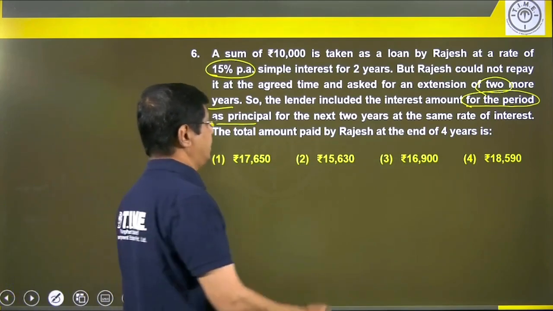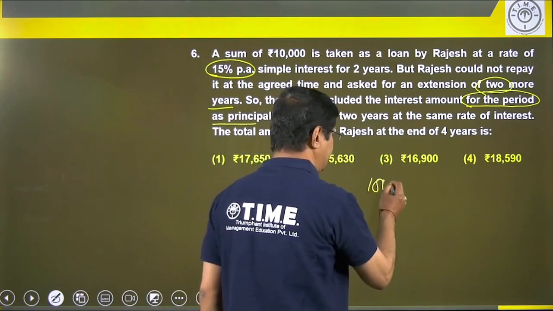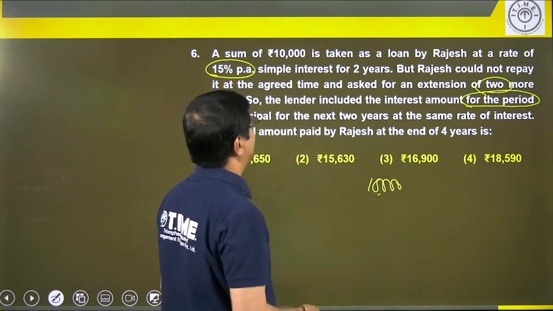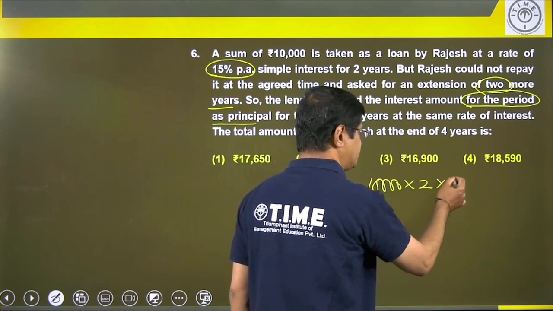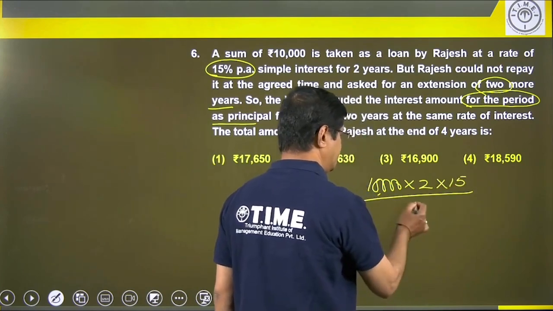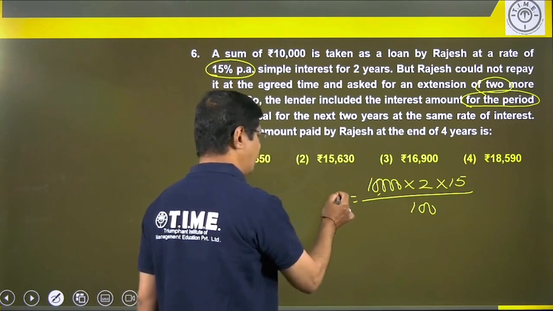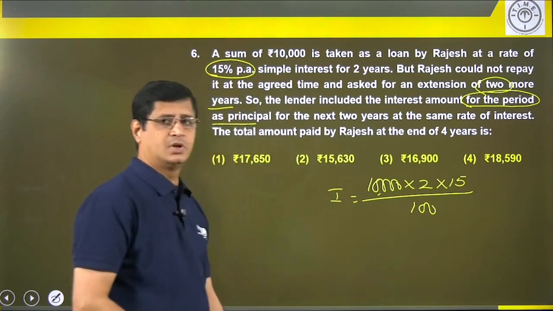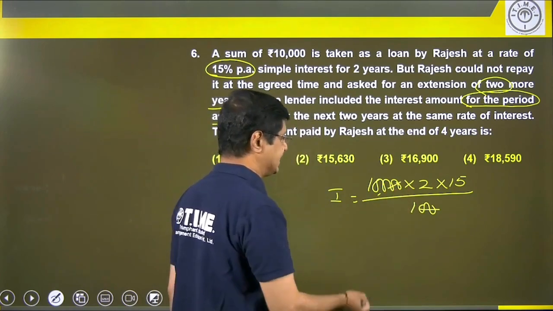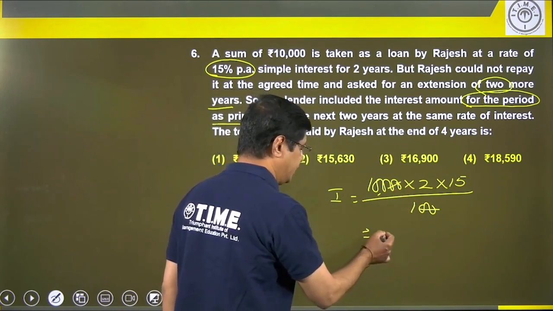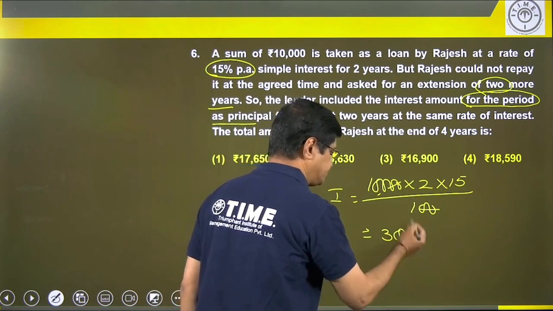Now 10,000 is the principal here. The period of time is 2 years. The rate of interest is 15% per annum. Simplify, it will give the value of interest. Of course, zeros to zeros we can cancel. 2 into 15, that is 30. 30 into 100, that is 3,000.